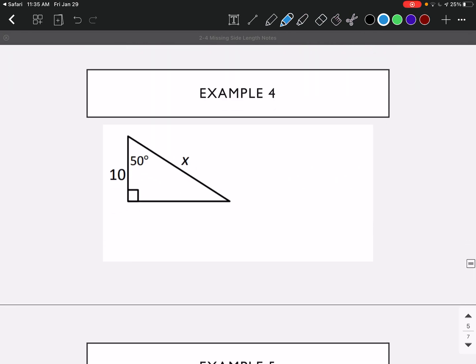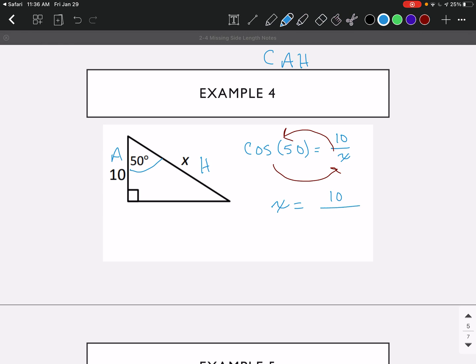Example 4, still working CAH. I have my angle, and again it's next to. Now my hypotenuse is the variable I'm solving for. So I know I'll have cosine 50 equals a over h, so 10 over x. To keep things simple, we draw the circle and flip where cosine 50 and x go. That's the easiest way. So I'm going to rewrite this as x equals 10 over cosine 50.